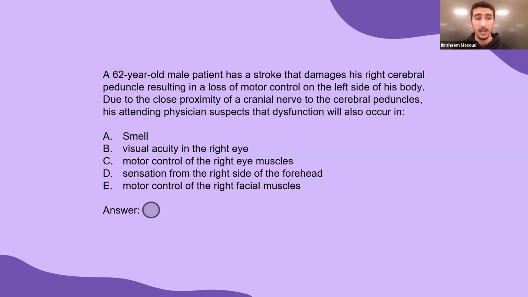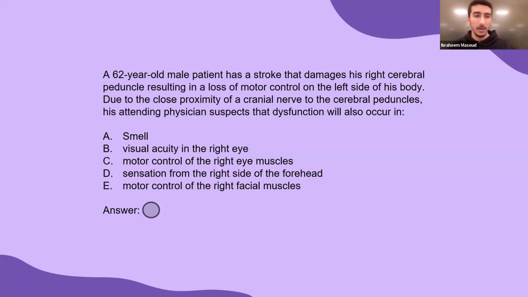Cerebral peduncles, guys, remember. He has paralysis, right? The cerebral peduncles are in the midbrain. What cranial nerves are in the midbrain? There are two nuclei in the midbrain, two cranial nerves, because of the cerebral peduncles. What are they? Three and four, right?